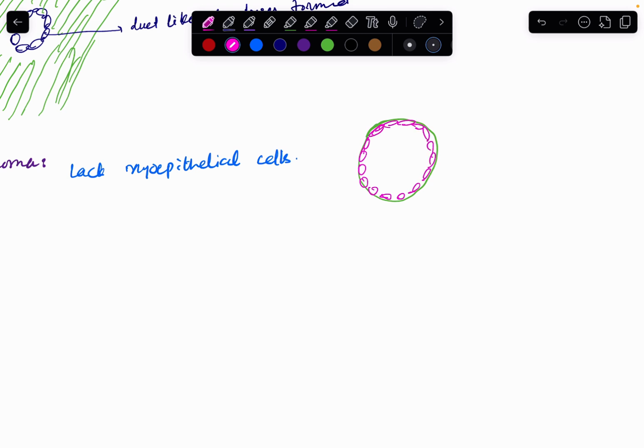First layer that is present outside, and the second layer that is present inside. Layer that is present inside is called luminal layer, and the layer that is present outside is called myoepithelial layer.